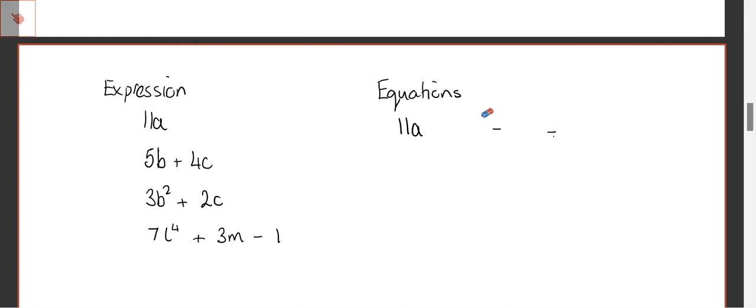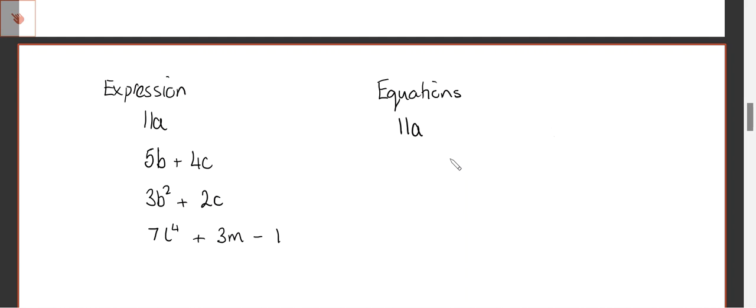I'm just going to start with 11a, because the thing that makes an equation is what you just did. 11a is still an expression. I want the expression turned into an equation. That's a simplification: you simplify by collecting like terms.